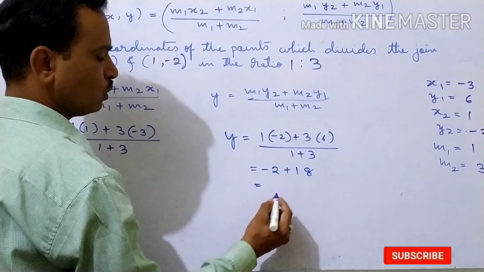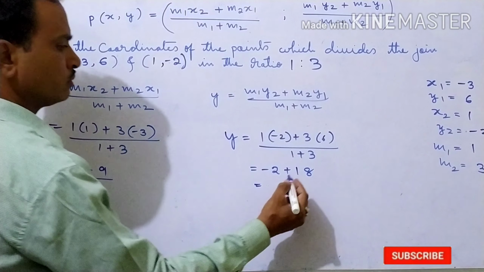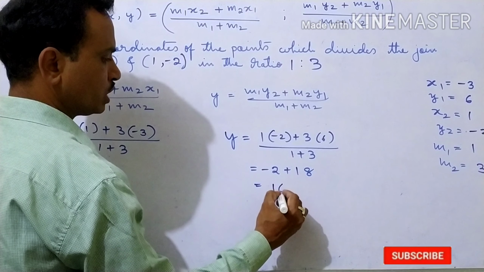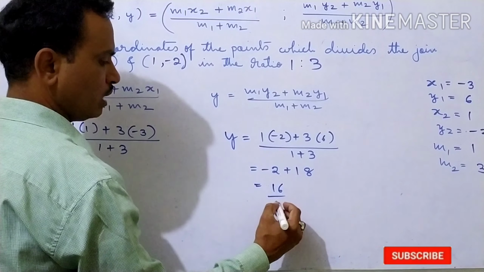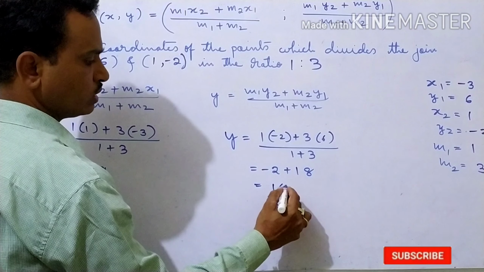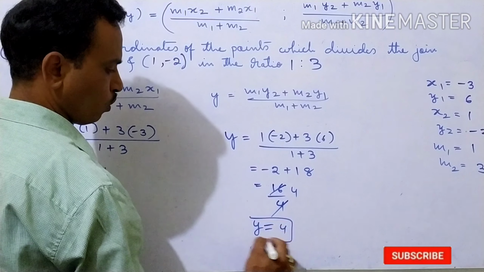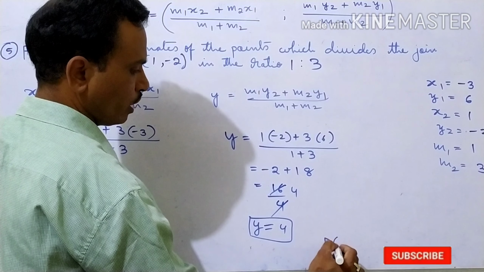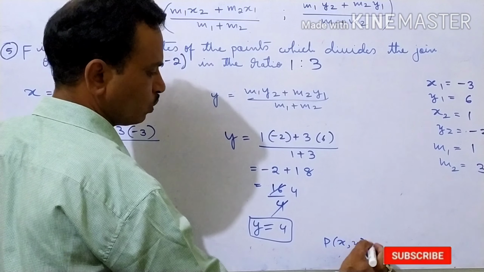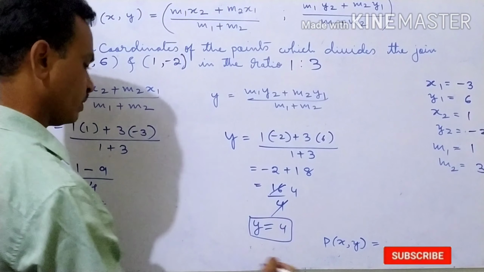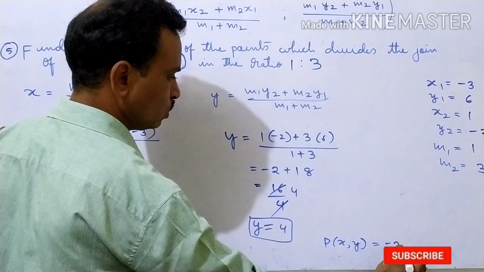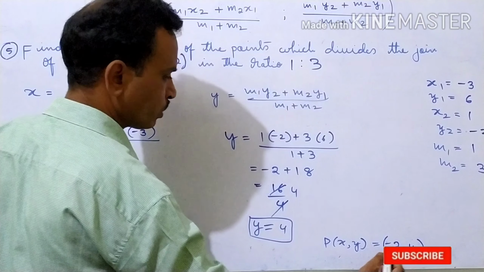So this is equal to, now subtract, 18 minus 2, 16, divided by 1 plus 3, 4. 4 ones are 4, 4 fours are 16. So this is equal to, y is equal to 4. The coordinates of the point P x, y is equal to, so what is the x value? Minus 2 and y is 4.